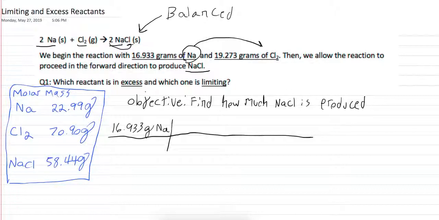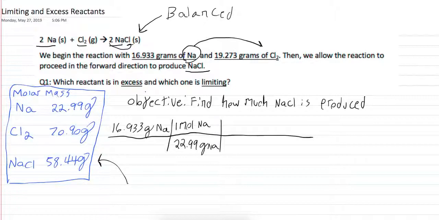Now when we compare stuff to other stuff, we need to do it in moles. We can't do it in grams. So here we look back at our lovely molar mass table that we found beforehand. And we know that for every 1 mole of Na, we have 22.99 grams of Na.